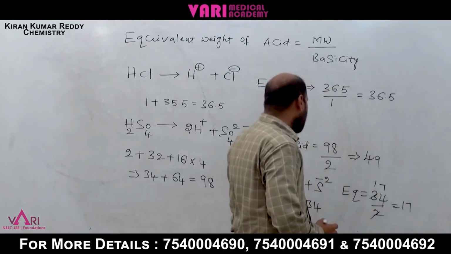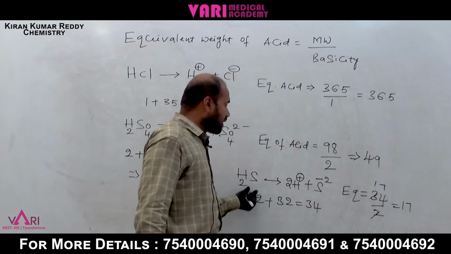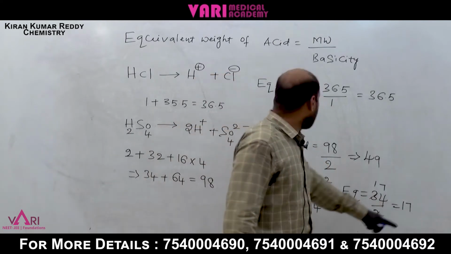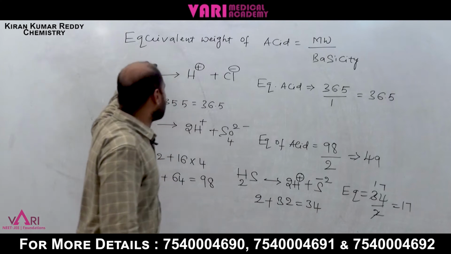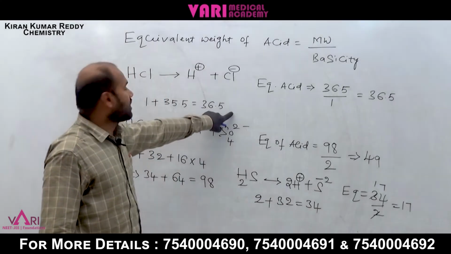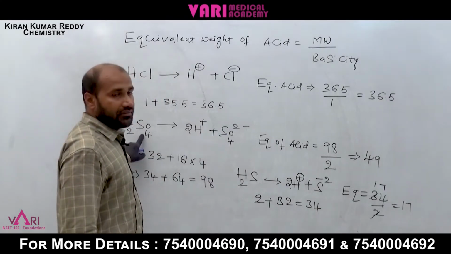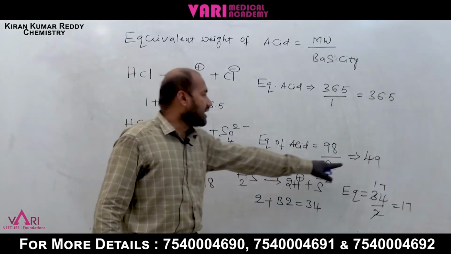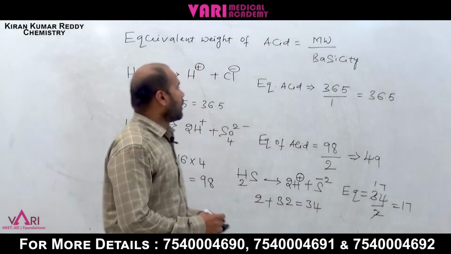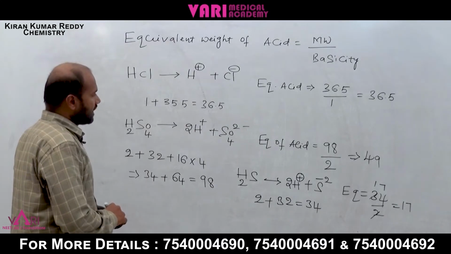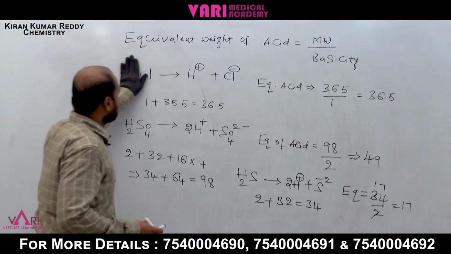What is the gram equivalent weight of H2S? 17. What is the gram equivalent weight of HCl? 36.5. What is the gram equivalent weight of H2SO4? That is 49. Next, we can take another example of acids.